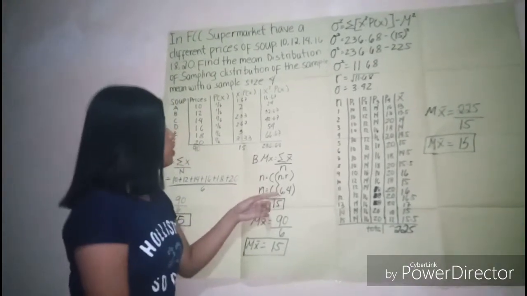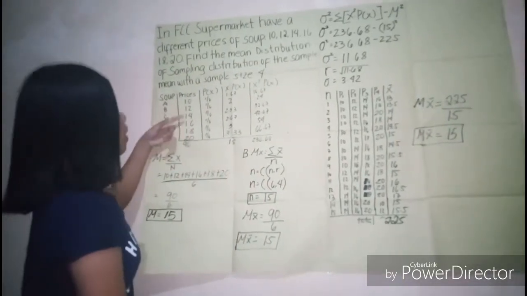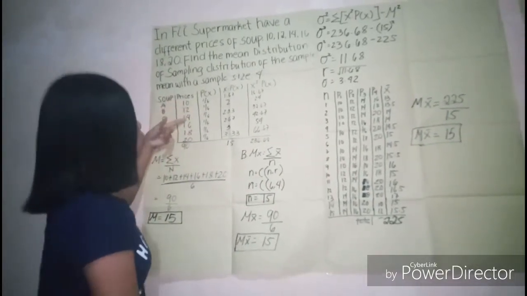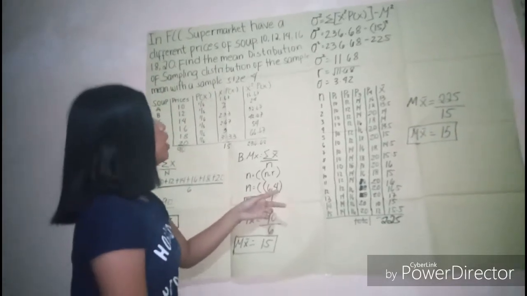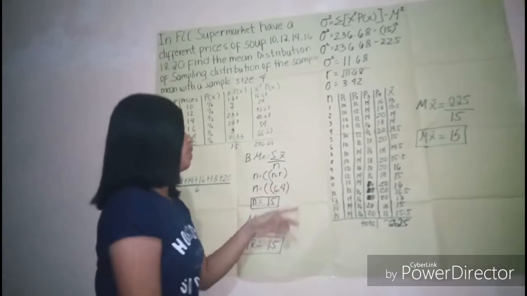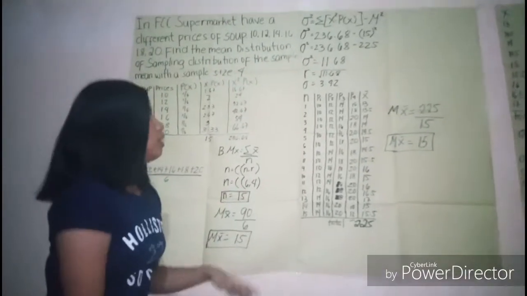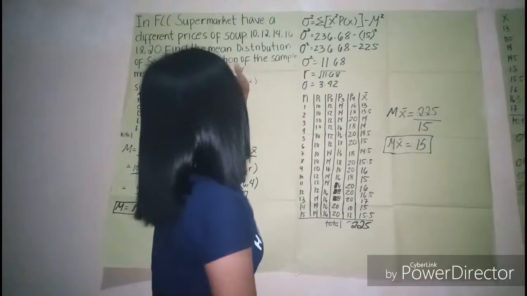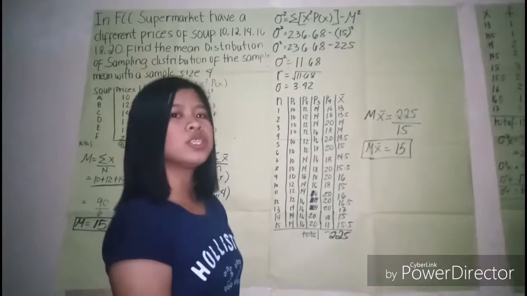The 6 is the population size and the 4 is the sample size. Then what we got is 15. And the population variance, so now we have our sample size.